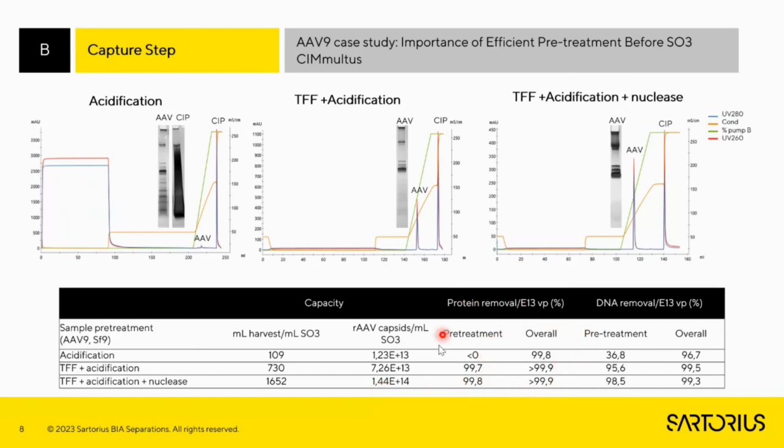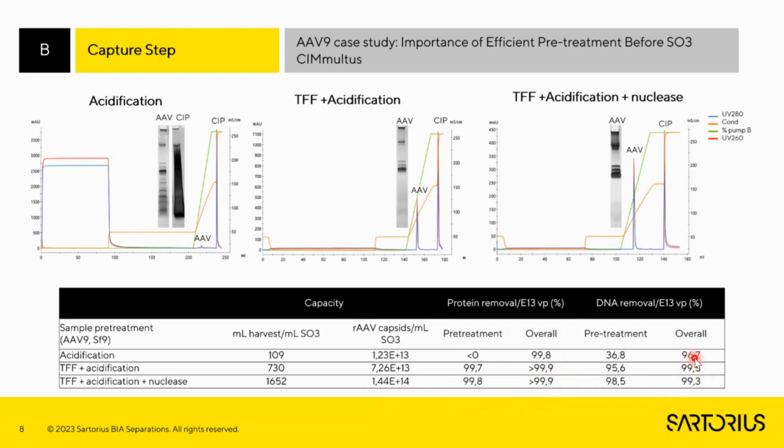Also, what we achieved for protein removal: with acidification only, there was barely any removal. However, we do see 2 log removals for the pre-treatment, or even 3 logs when also processed by an SO3 column. The same holds for the DNA.